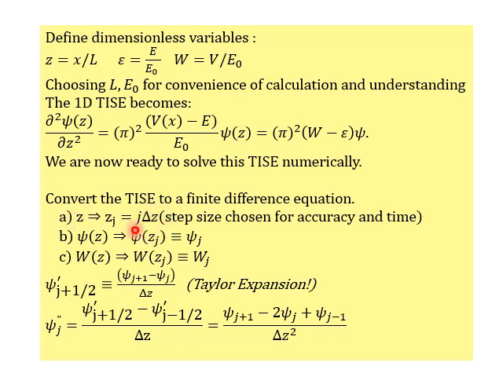So the actual position is an integer times a step size. I integerize my wave function, which is a continuous function of position, by chopping it up into small steps z sub j, psi of z sub j, and I'll just call that psi of j. And the potential, as a function of continuous variable z, can be rewritten in terms of the discrete steps z sub j as well. So I'll just call that w sub j.